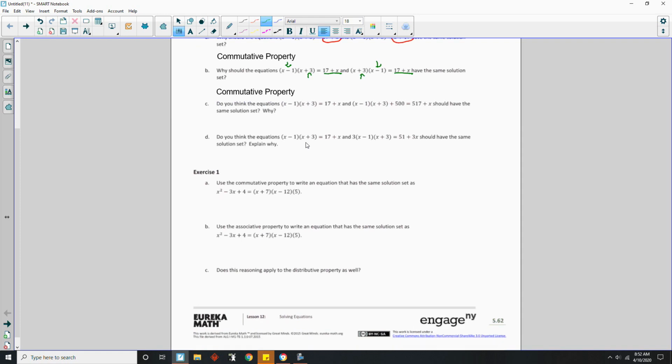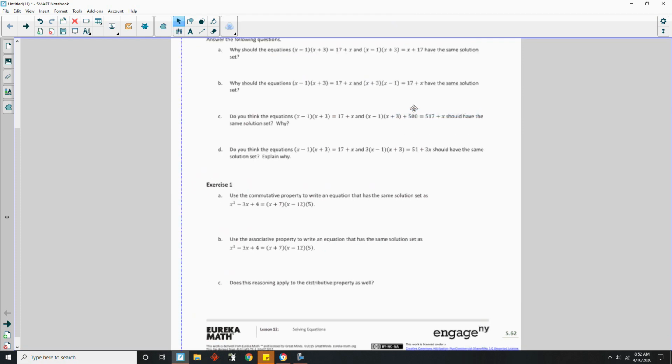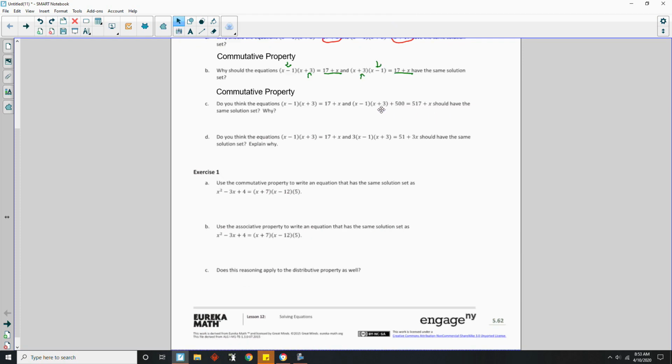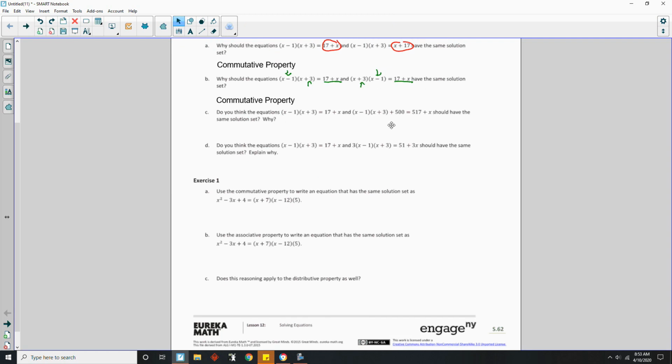Part C says, do you think the equation (x minus 1)(x plus 3) equals 17 plus x and (x minus 1)(x plus 3) plus 500 equals 517 have the same solution set? Okay, so what happened here was they added 500 to the left and they added 500 to the right.